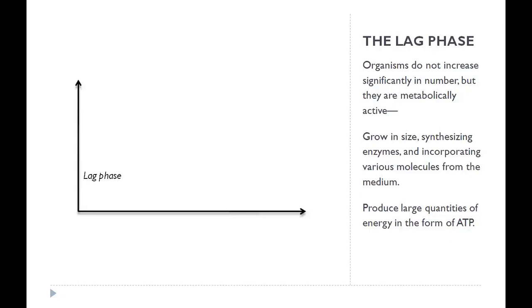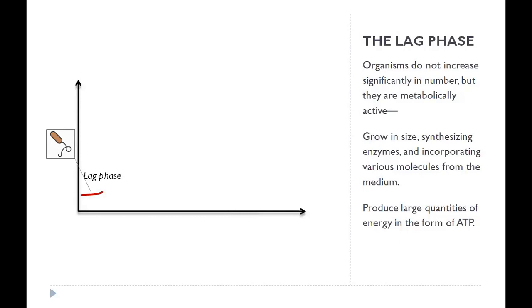So lag phase. What happens in lag phase? When you freshly introduce the organism in a fresh nutrient-rich media, that organism will start growing. But growing in what terms? That organism will grow in size.